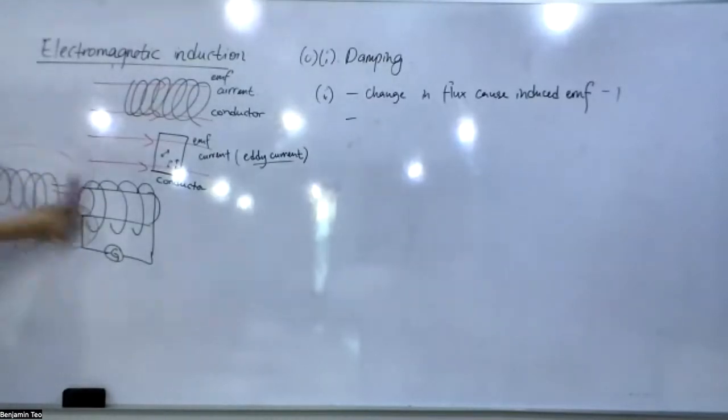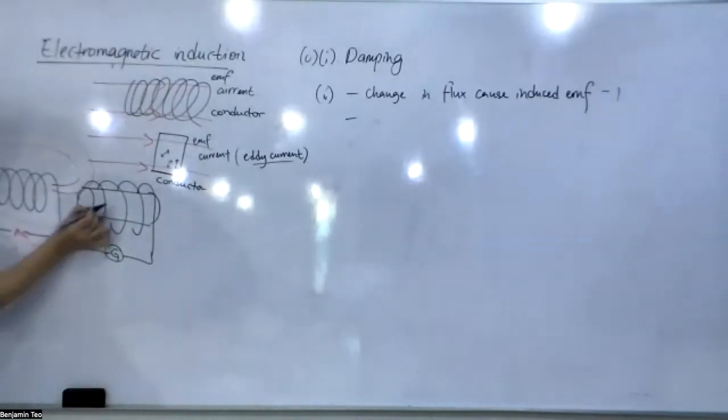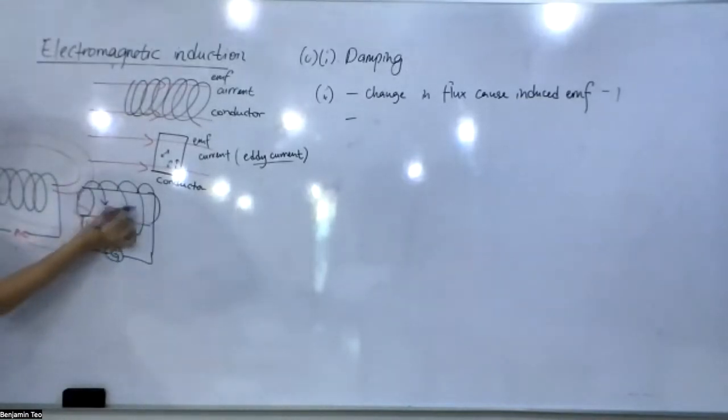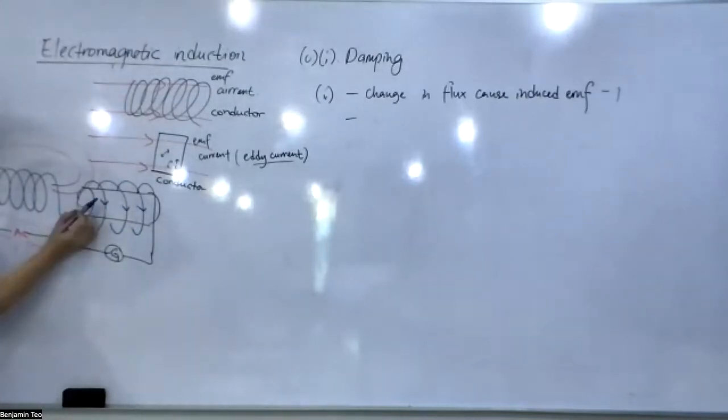So the change in magnetic flux, let's say I make it AC. So this flux is changing, right? If it's AC, current goes in this direction, then the other direction, the flux is changing, and it causes a change in flux to this one. Now, the EMF or the current is induced in two of the conductors. You have EMF induced in the wire, the current in the wire. You also have EMF or current induced in this iron core.